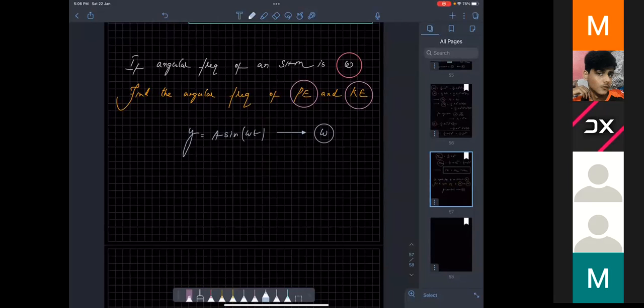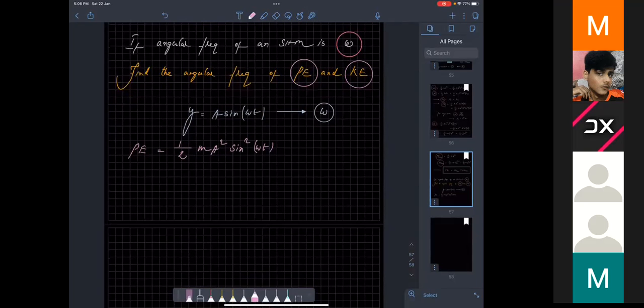So let me write down potential energy. Potential energy is half m a square sin square omega t, right? Now, because it is in the form of the square of a sine, we can write it using the relationship between sin square theta and cos 2 theta, which will decide what the frequency is.